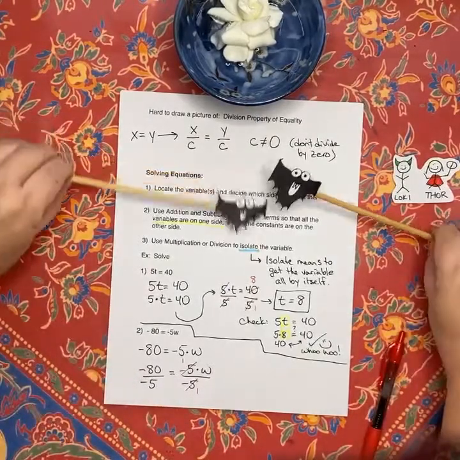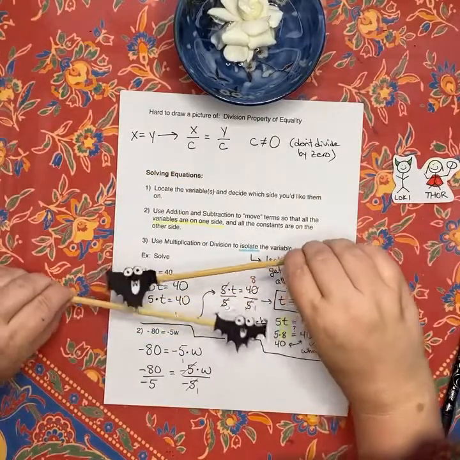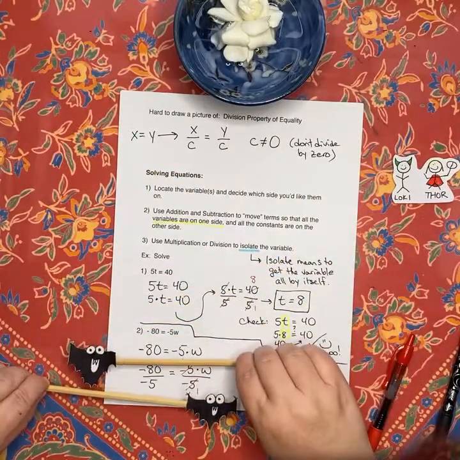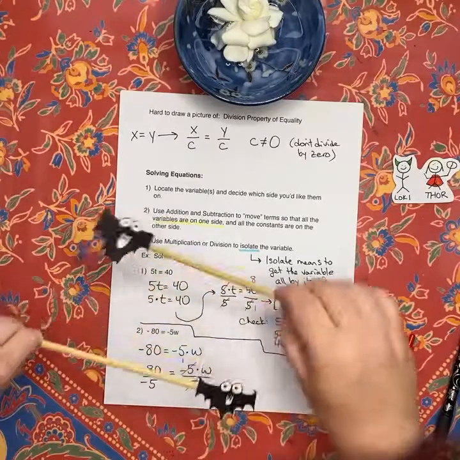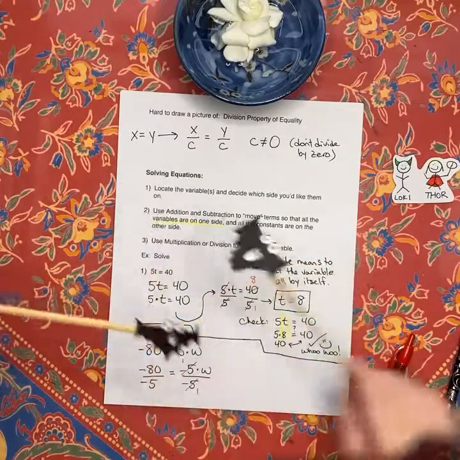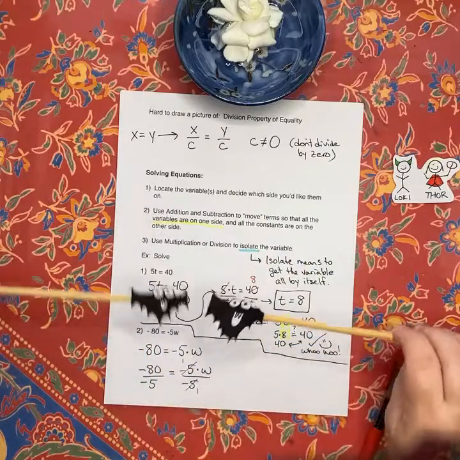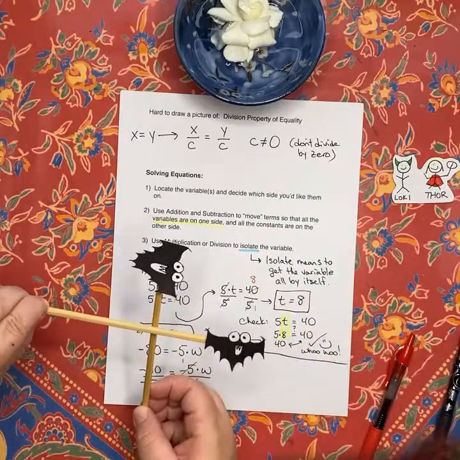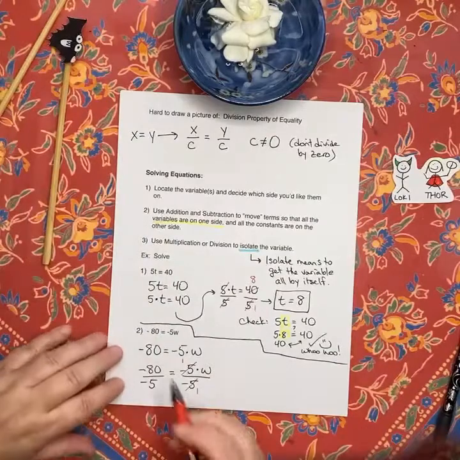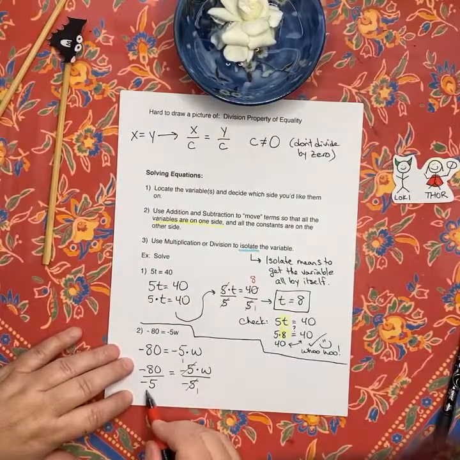Well, remember, if I've got two minuses, a minus over a minus makes a plus, just like a minus times a minus makes a plus. Two minuses, the Bat Brothers, we got a plus. Woohoo.